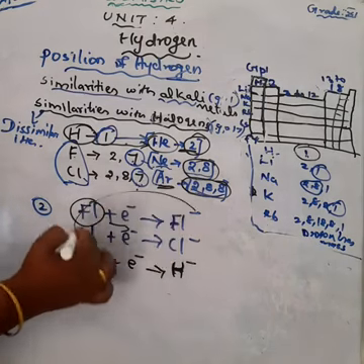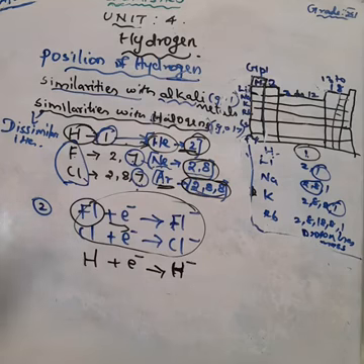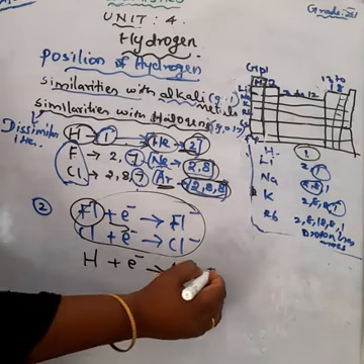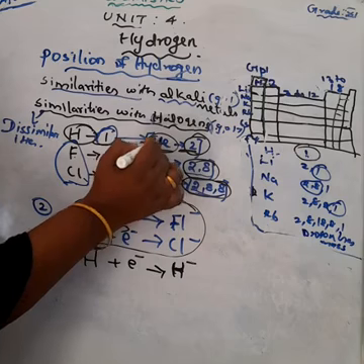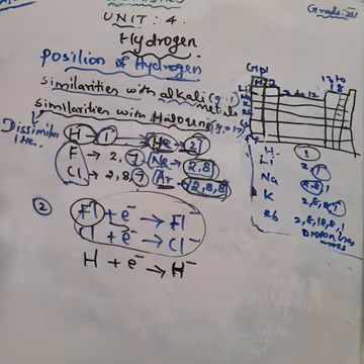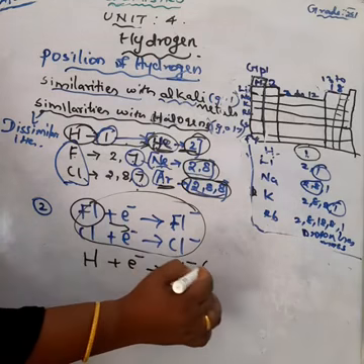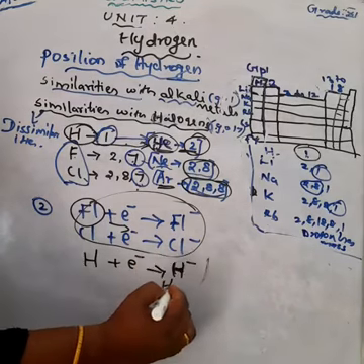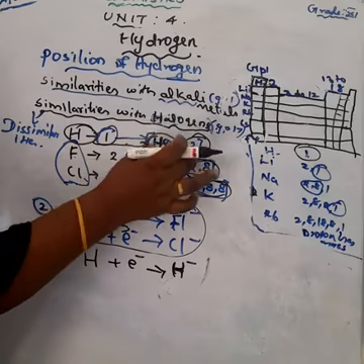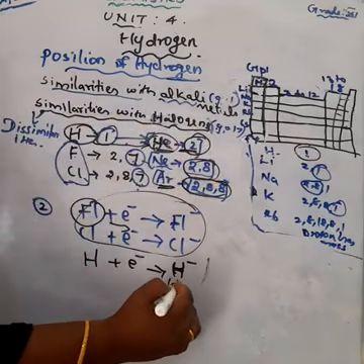Chlorine, fluorine, bromine, all the halogens gain one electron to form chloride ions, fluoride ions, etc. So hydrogen also has a tendency to gain one electron to form the hydride ion, whose electronic configuration is similar to the noble gas helium. Like the formation of halides from halogens, hydrogen also has a tendency to gain one electron to form the hydride ion, H minus.